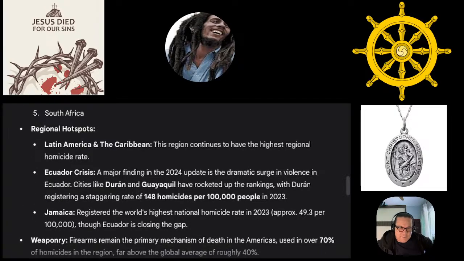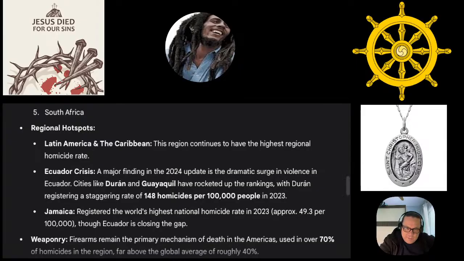So the regional hotspots: Latin America and the Caribbean. This region continues to have the highest regional homicide rates. The Ecuador crisis, a major finding in the 2024 update, is the dramatic surge in violence in Ecuador. Cities like Duran and Guayaquil have rocketed up the rankings, with one registering a staggering rate of 140 homicides per 100,000 people in 2023.